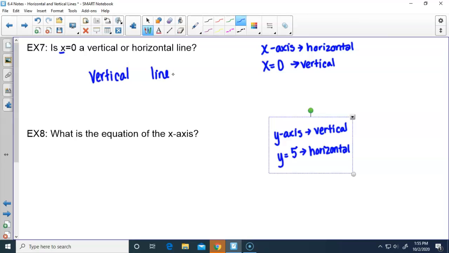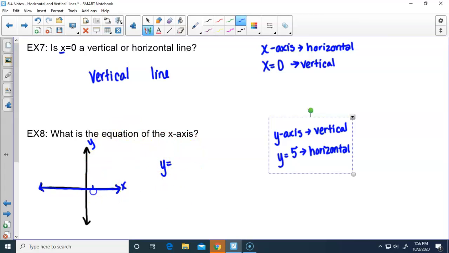The next question that we have here asks us to find the equation of the x-axis. So immediately you want to say x equals 0. However, let's think about what we're dealing with here. So we've got our coordinate plane, here's our x-axis, here's our y-axis, and we want to know the equation of that x-axis. Well, the x-axis is horizontal, and horizontal lines have to have a y equals equation.